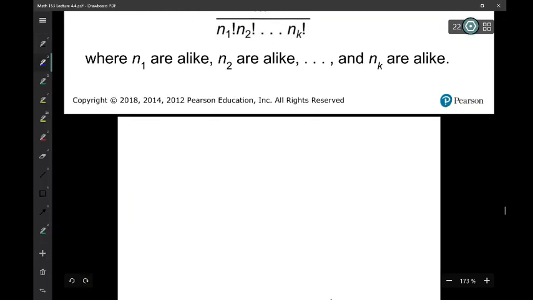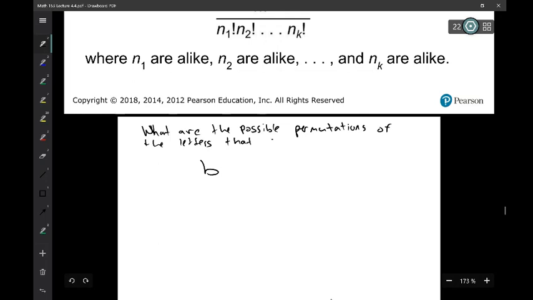The word balloon. So what are the possible permutations of the letters that spell balloon?